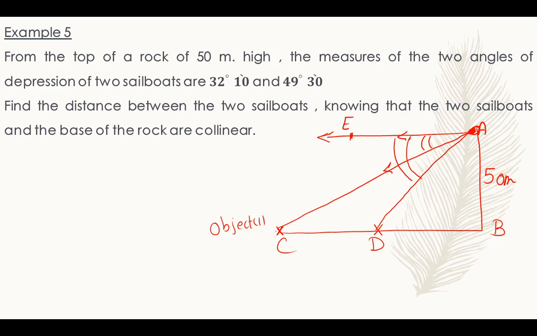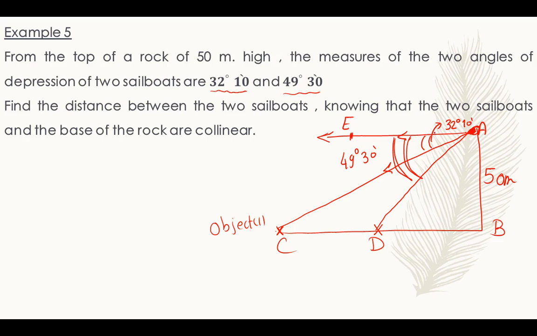The first one is 32 degrees 10 minutes, and the other one is 49 degrees 30 minutes. So this is the larger angle, 49 degrees 30 minutes, and the smaller angle of depression is 32 degrees 10 minutes.